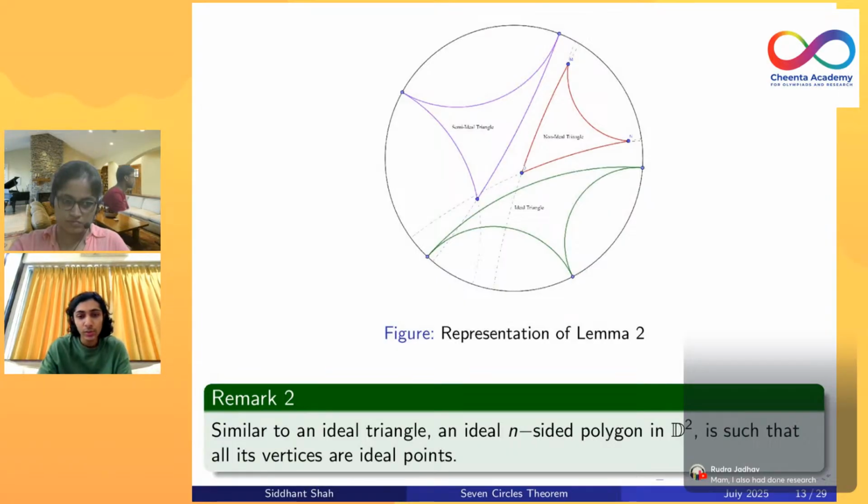Based on this, we explored the remark that, similar to an ideal triangle, an n-sided polygon in this hyperbolic space also contains ideal points. This was very important to us when we were drawing hexagons in proving the seven circles theorem. Next slide.